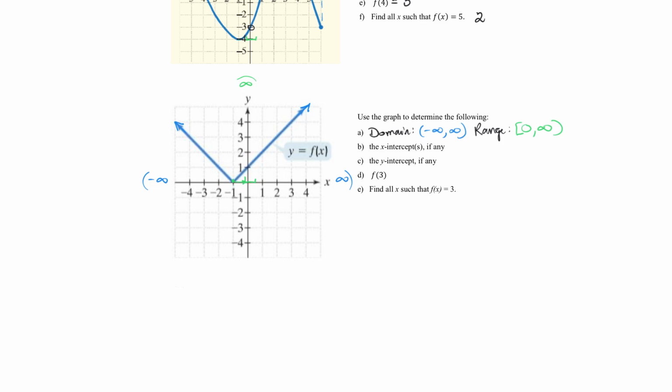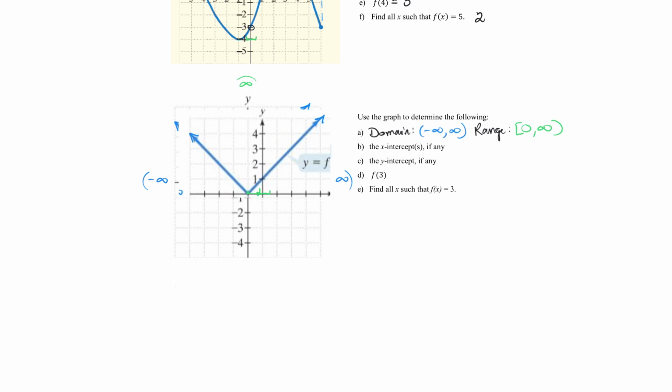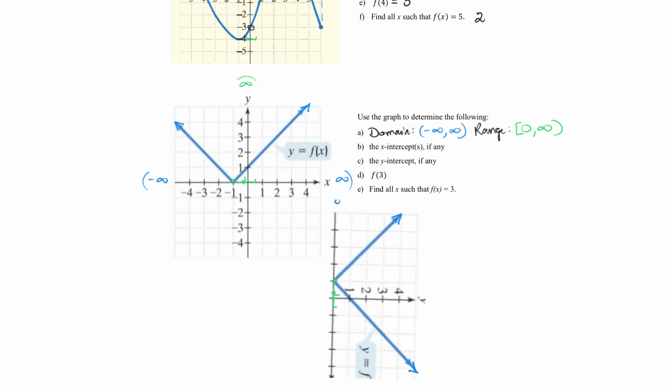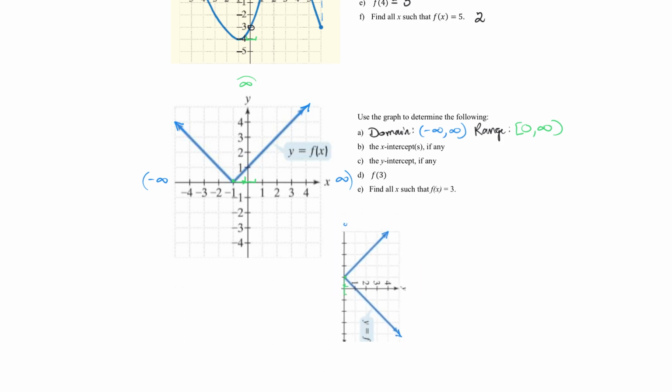If you need to, turn your head sideways and we can copy this and turn it sideways, so we can see that, in fact, the least value of y is 0. Think of it as a number line, and if I trace down like I did here with my domain, what's the smallest value of y? 0, and there is no greatest value of y. Okay.